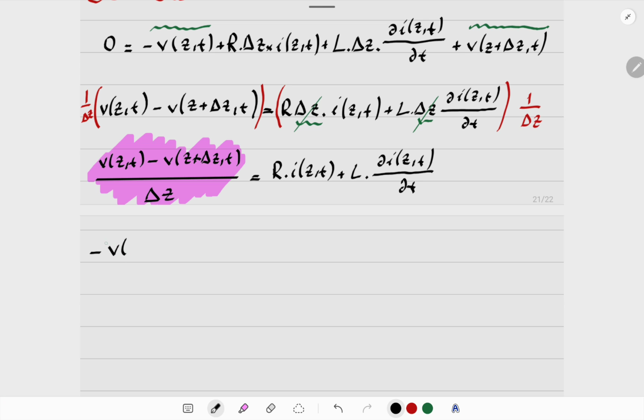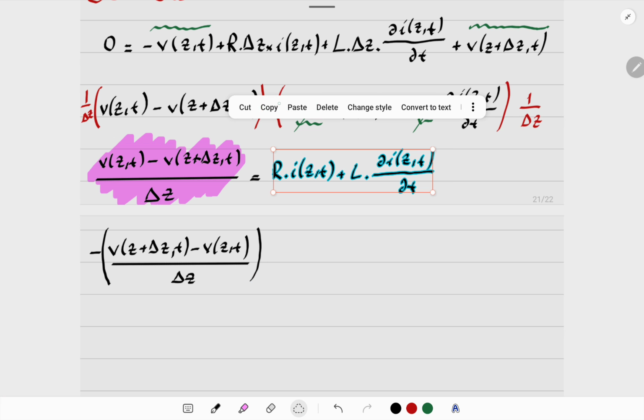Minus, V(z+Δz, t) minus V(z,t), divided by Δz, and the rest of the equation is the same.